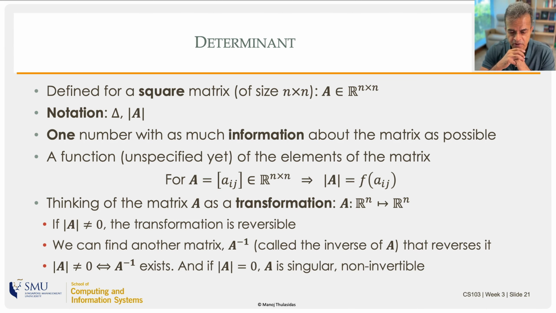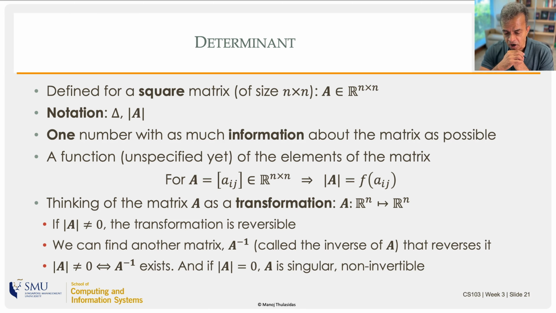So if the determinant of A is non-zero, then we can say that there is an inverse of A that reverses the operation. In other words, the determinant of A not being equal to 0 is the necessary and sufficient condition for A inverse to exist. If the determinant of A is 0, then A inverse cannot exist.